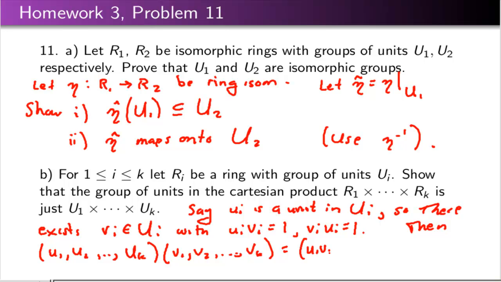So that's just u1 v1, u2 v2, through uK vK. Well, that's just 1, 1, 1, 1, 1, which is the identity element in R1 through RK, and thus these are units in R1 times through RK. Okay, so that's one direction, and then the converse is equally straightforward. I'll let you work that out.